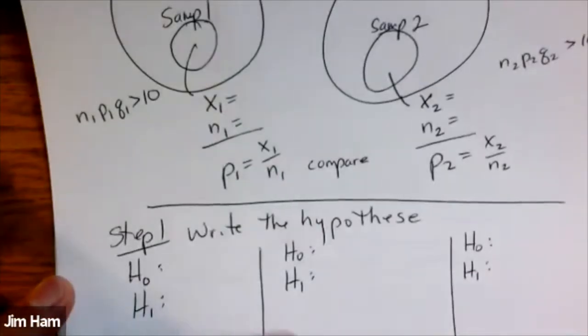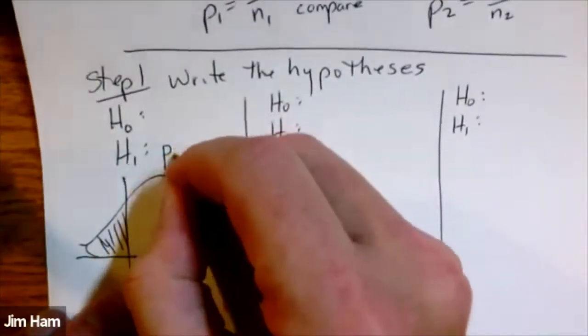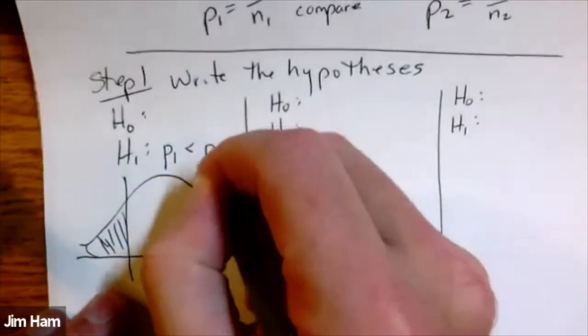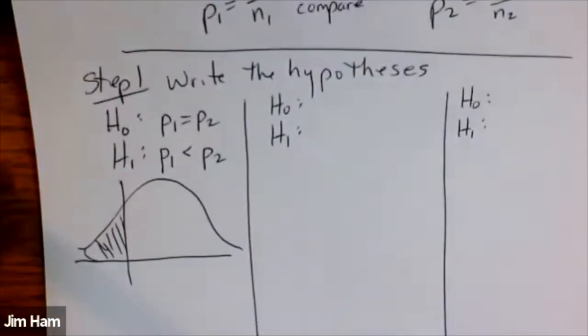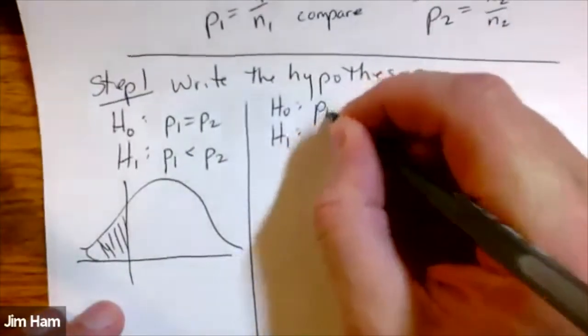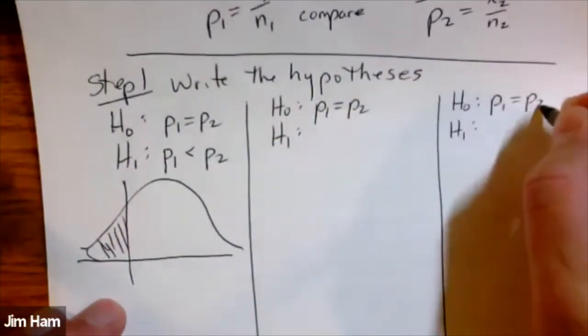So if we do the one-tailed left test, the alternative is going to be P1 is less than P2. And the null hypothesis is always no difference. In this case, when comparing two population proportions, no difference means that they're the same. In fact, in all 3 versions, we're going to assume that the two population proportions are the same.